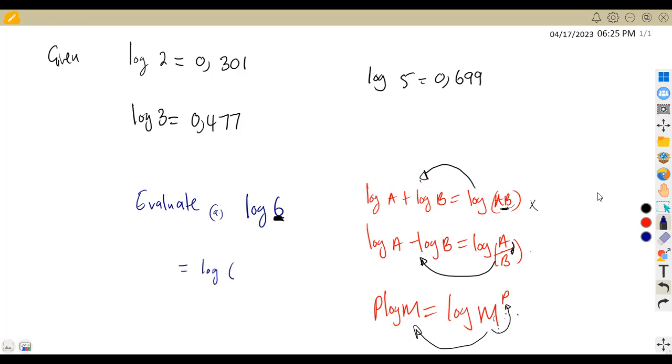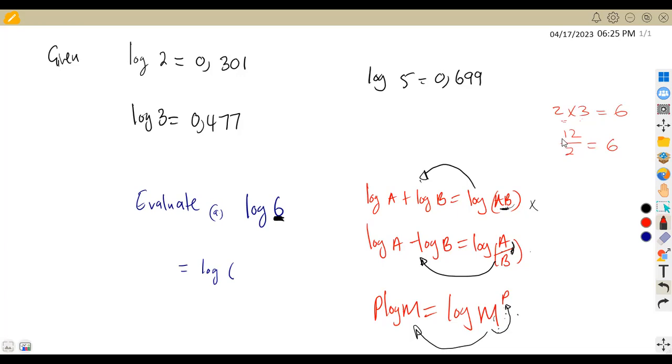Let's take, for example, 2 times 3. 2 times 3 gives us 6. If I was having 12 and 2, if I divide 12 divided by 2, I obtain 6.